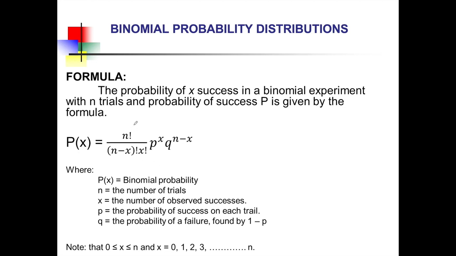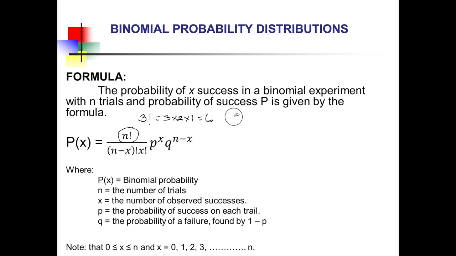I hope you are familiar with n factorial from your high school mathematics. When we say n factorial, for example, we have 3 as the value of n. This means we get the product of 3 times 2 times 1, which is equivalent to 6.